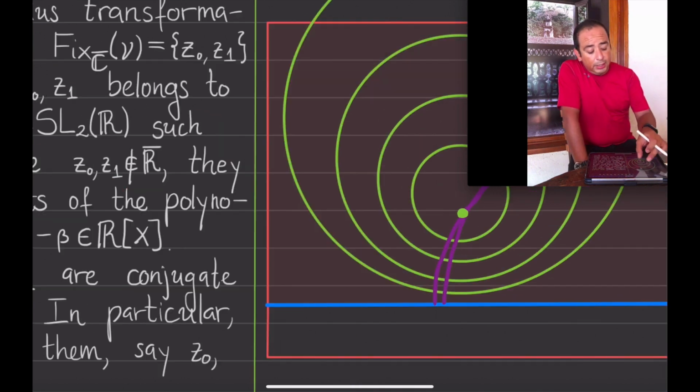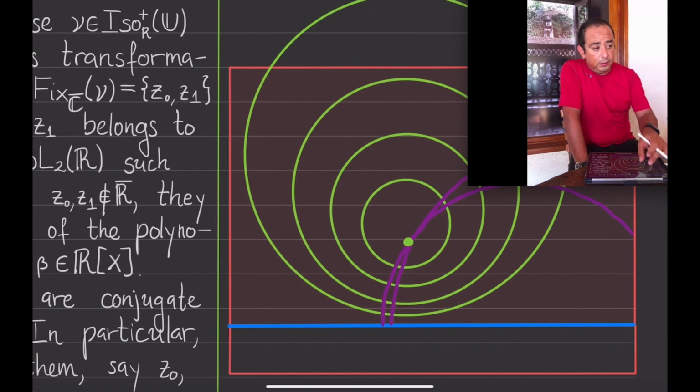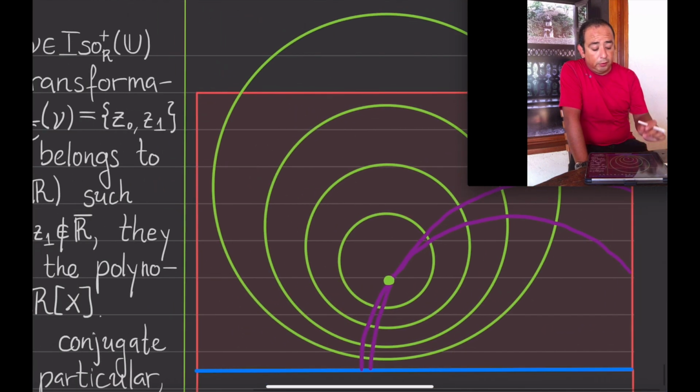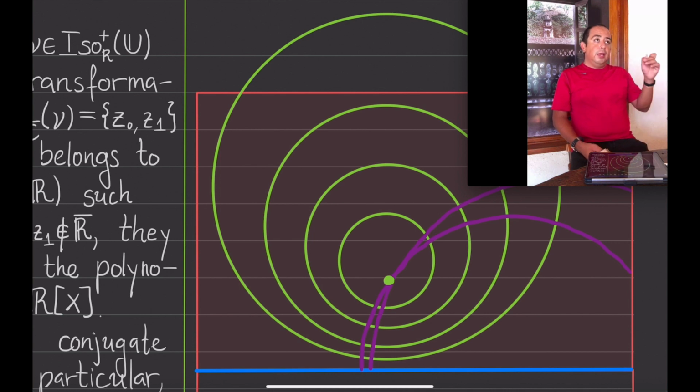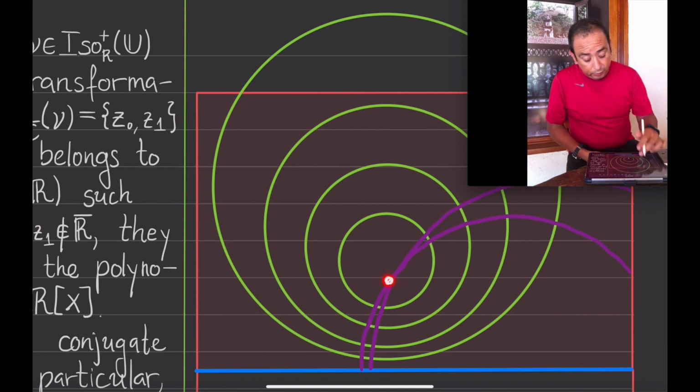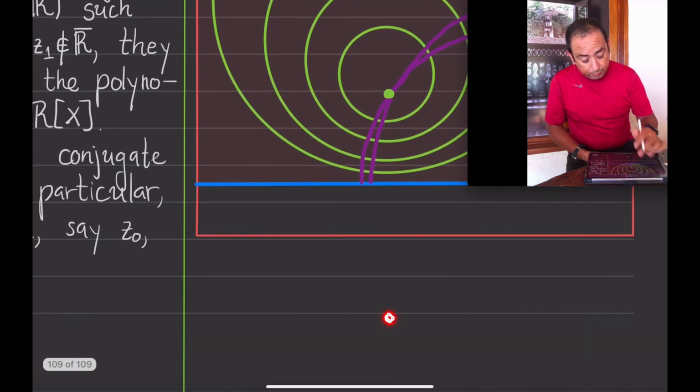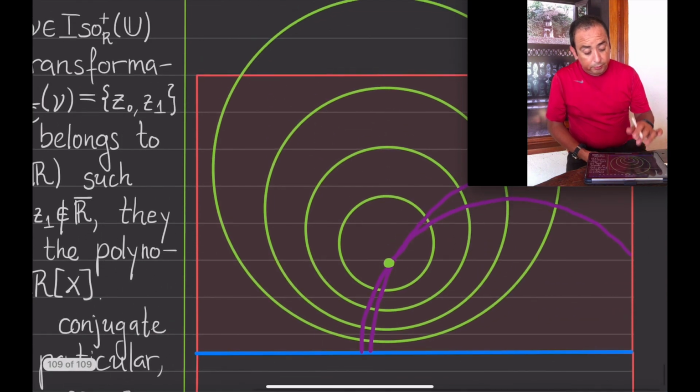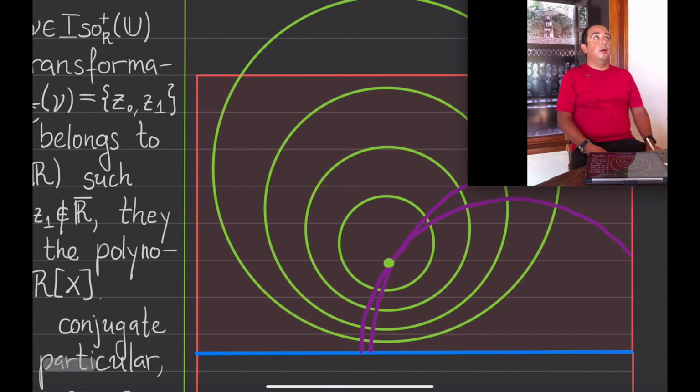But otherwise, the behavior now becomes really straightforward, because we know that my transformation rotates every Apollonius circle of the two fixed points, but the other fixed point is outside, right? All of those Apollonius circles are invariant under all integral powers of nu, right?